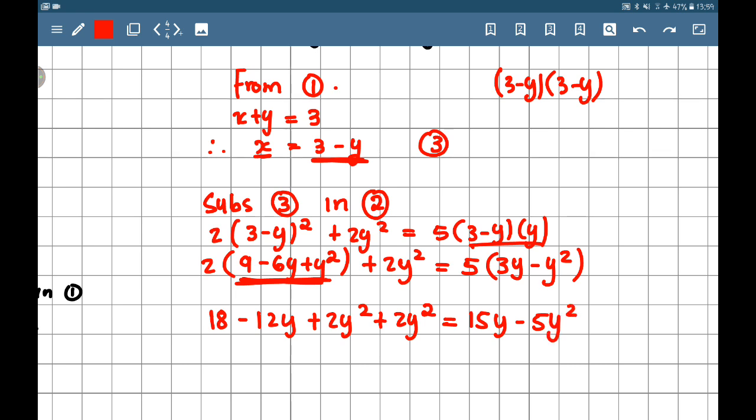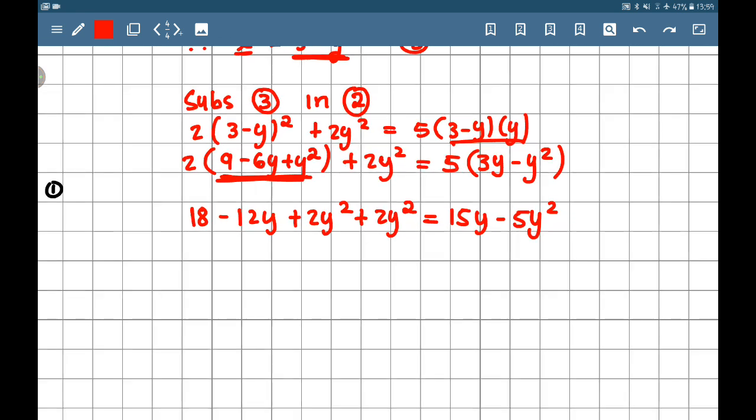I know when you're doing this, you might forget the signs. Make sure in simultaneous equation, you look at the signs intensely, because one wrong sign will mess up the whole sum.